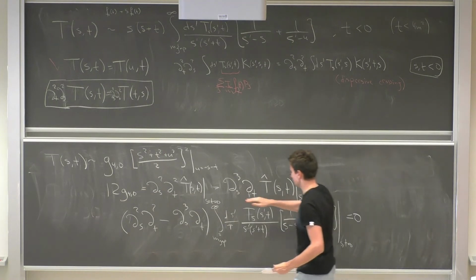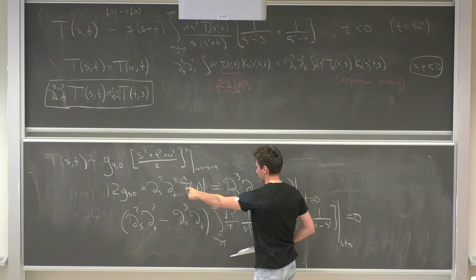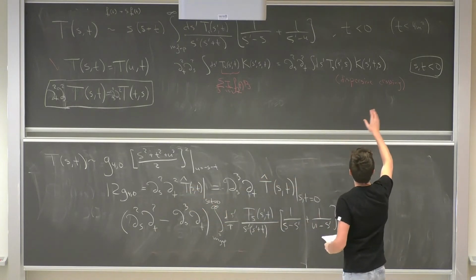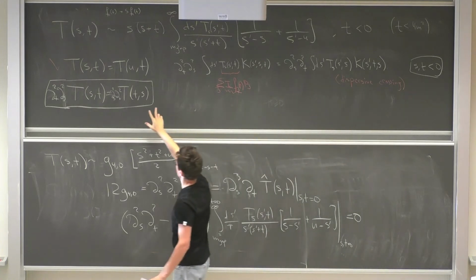So this is just as I'm saying: there are two ways to express the same coupling, so let me take the difference between the two, and it has to be 0. It's an expression of crossing symmetry as dispersive crossing.